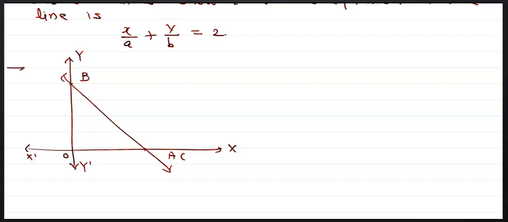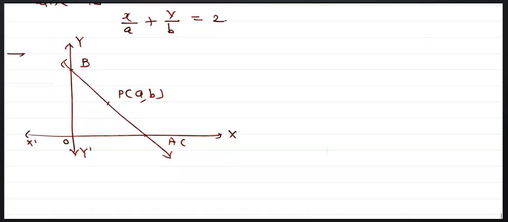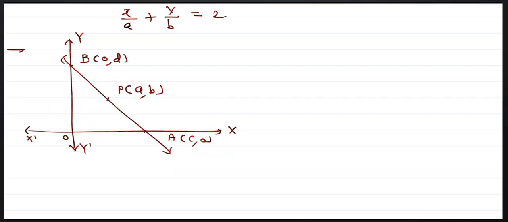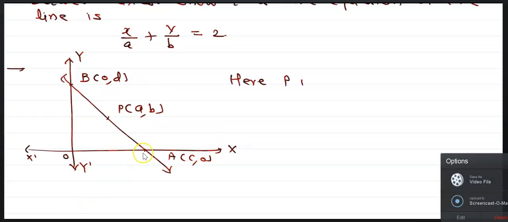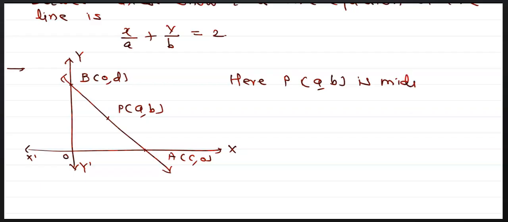This is the point P(a, b), the midpoint. Now when the line meets the x-axis, its coordinate is (c, 0). P is the midpoint of AB.